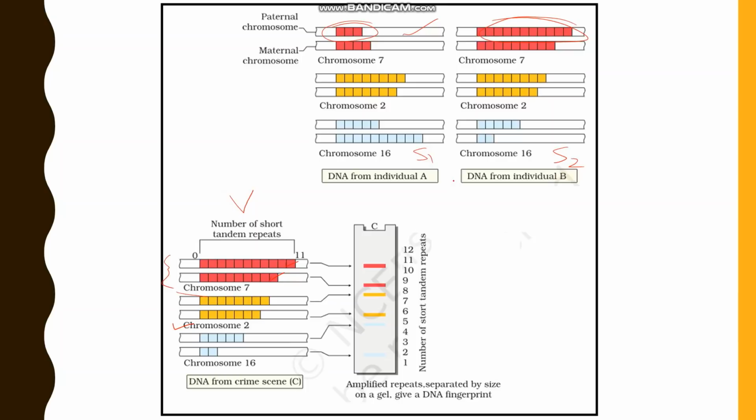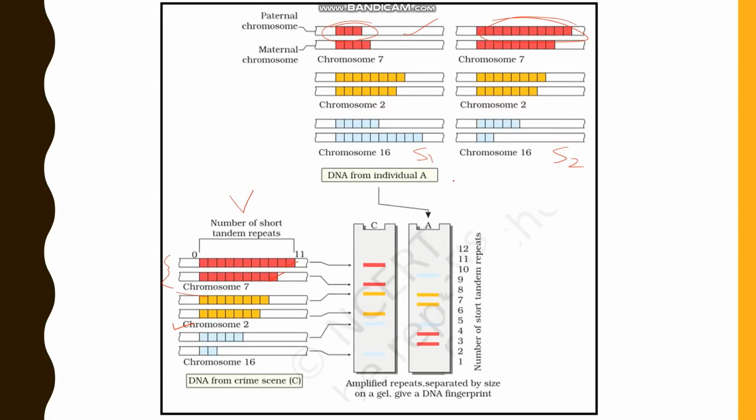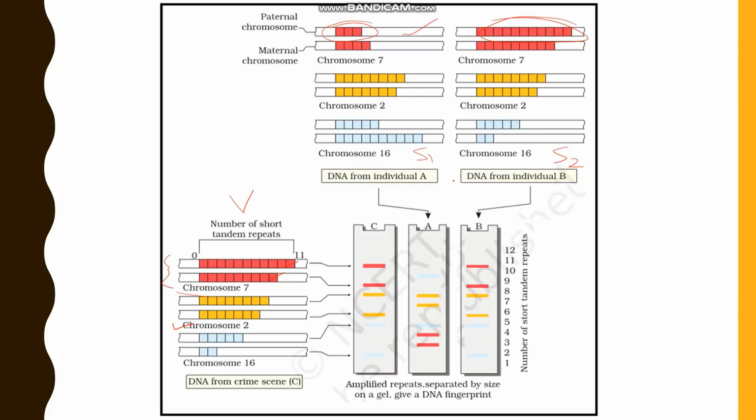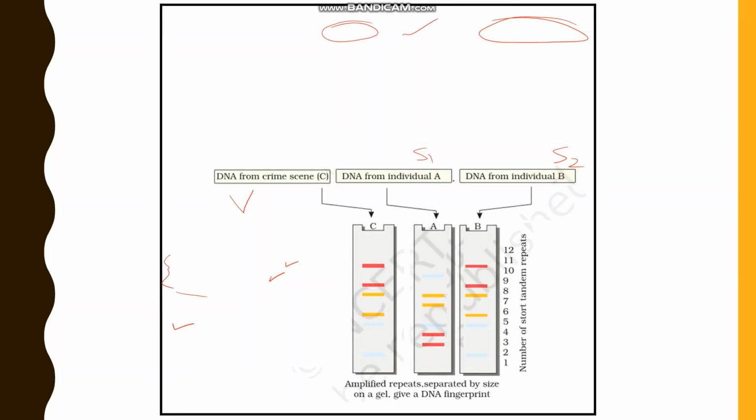When the autoradiography is done, this is the autoradiograph of suspect 1 or individual A, and this is the autoradiograph or the DNA fingerprint of individual B. Now, after preparing the DNA fingerprint, the DNA fingerprints should be compared.